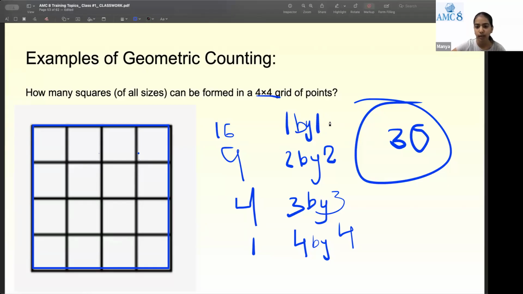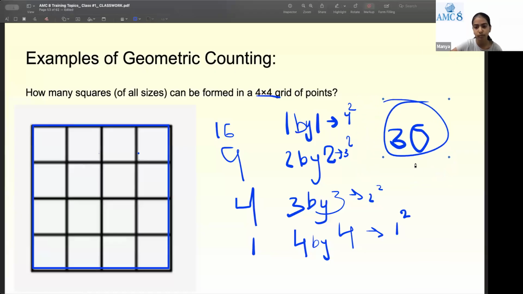So 1 by 1 is just 4 times 4 squared, and that would be 16. 2 by 2 is 3 squared, and we go down from 4, 3, 2, 1. This is 2 squared, and this is 1 squared. Once again, this may look confusing, but I'll explain this in this problem here.